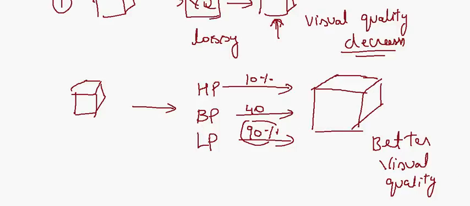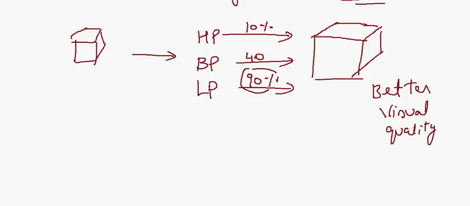The low frequency data does not give much effect to the visual quality, even if it is there or not there. But high frequency data is something like the edges in the image. Edges in the image is actually the high frequency data. So if the edges are blurred, then the image looks bad.